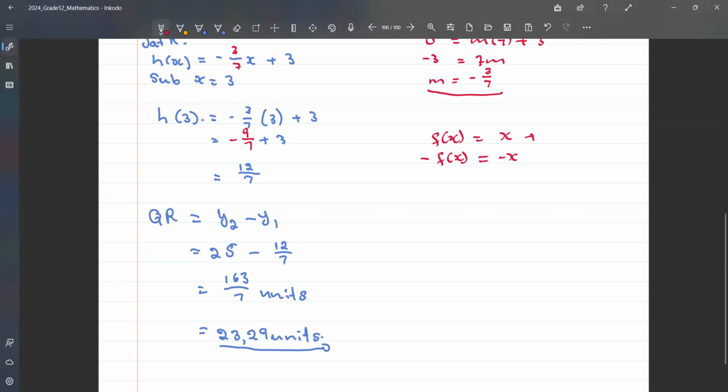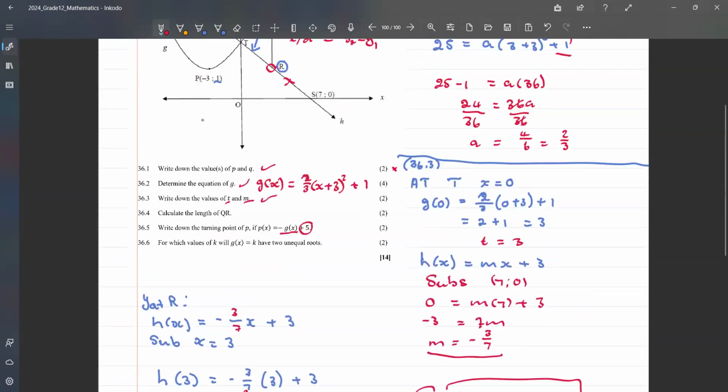Let's say you have f of x plus 1. So the negative f of x becomes negative of the whole function of f, which then becomes a reflection on the x plus 1, which we end up with negative x minus 1. So you guys, you need to remember these laws of transformation.